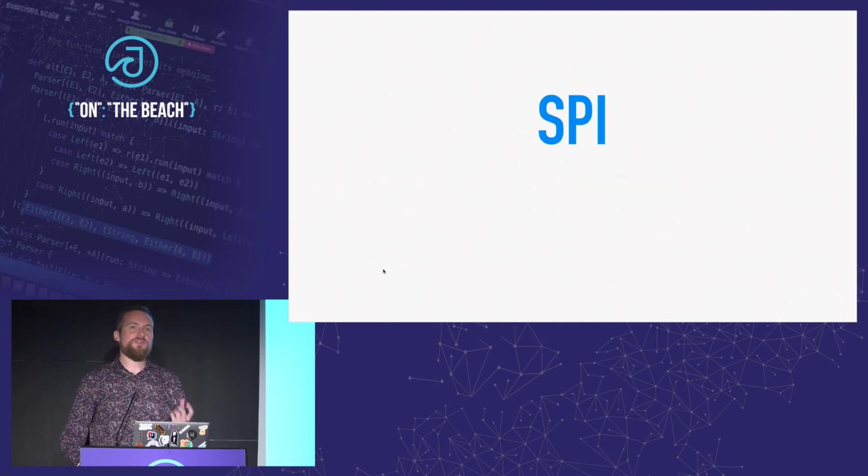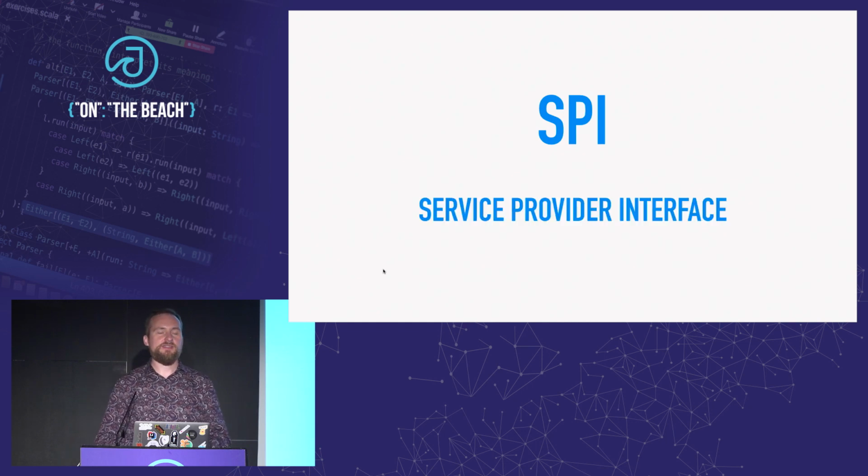Actually, the goal of the interfaces is to provide something called an SPI, or a service provider interface, which is basically a way to connect different implementations of those interfaces together. So you can imagine that you have a couple of implementations of the reactive libraries, and you want to bring them together so that they have unified interfaces to communicate with.